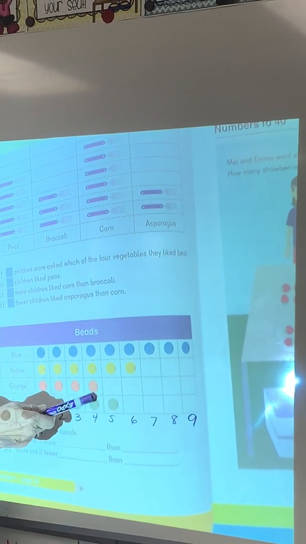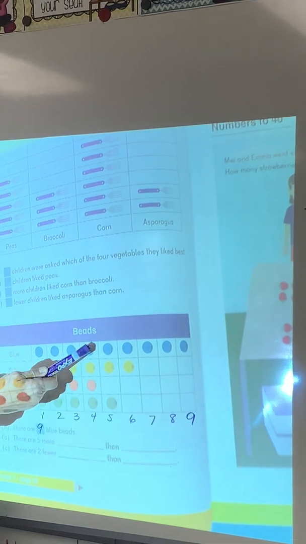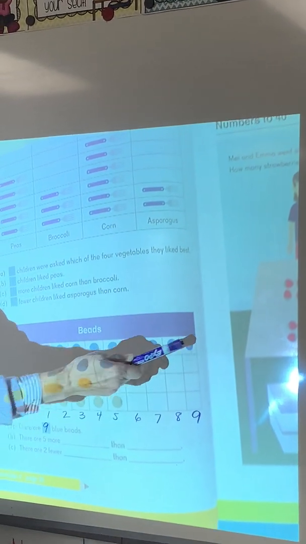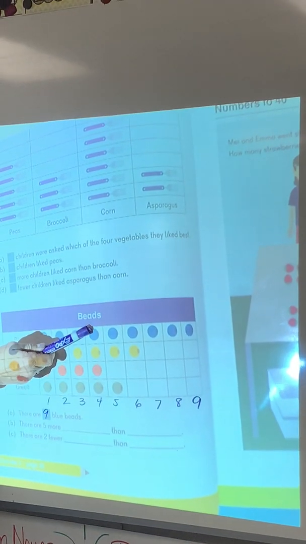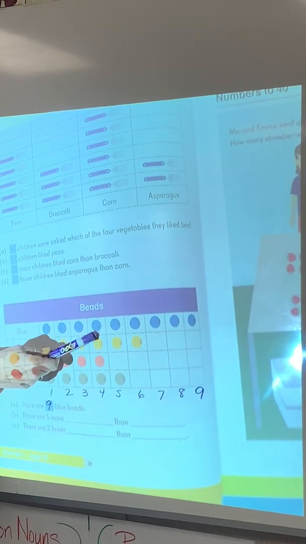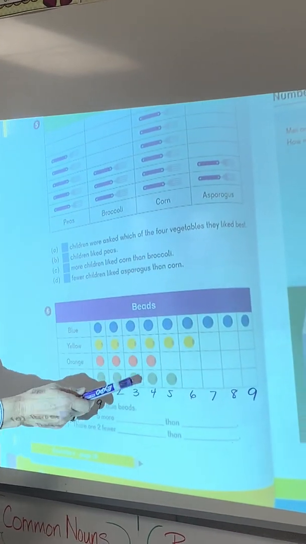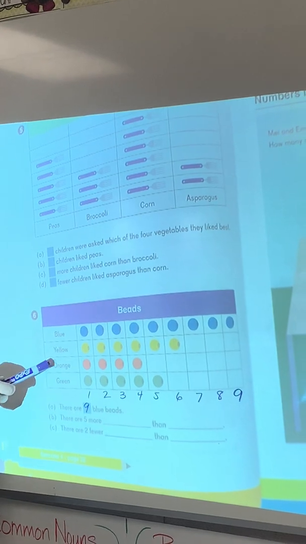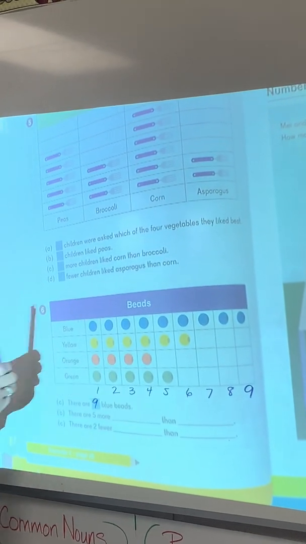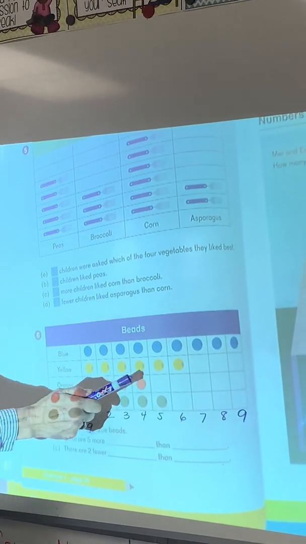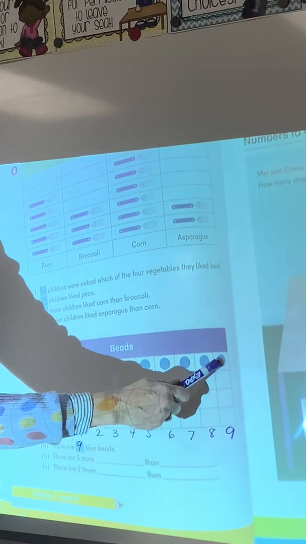If we went here to the orange ones, 1, 2, 3, 4, 5. Yep, there we go. That's it, isn't it? There are 5 more blue beads than there are red beads, or I guess this is orange, than there are orange beads. Because we count 1, 2, 3, 4, 5.